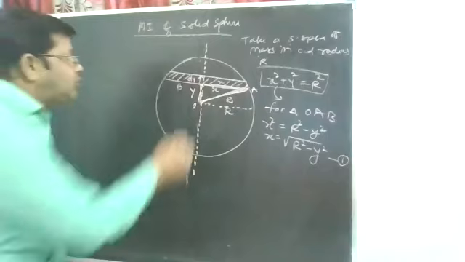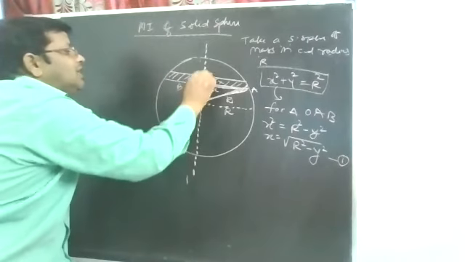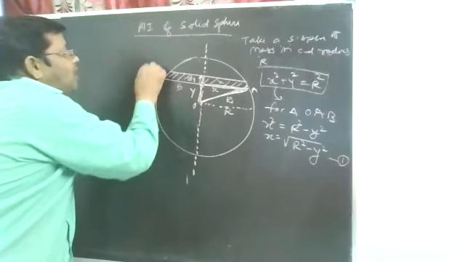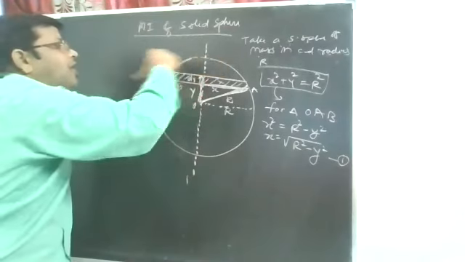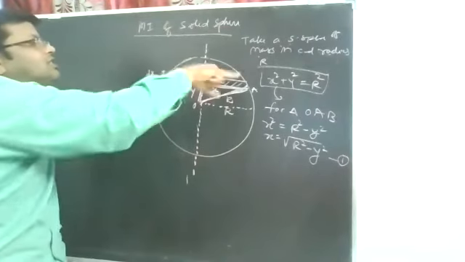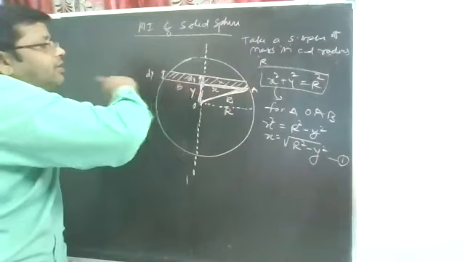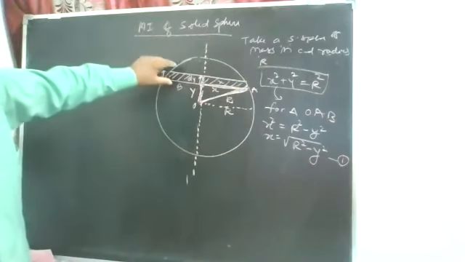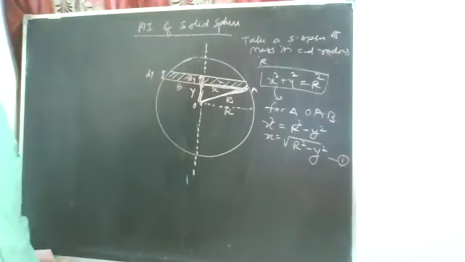Now you see here, what is the thickness of the disc? The thickness of the disc is dy. And how is this disc obtained? If we cut this solid sphere like this, we will get one disc, that is the shaded portion.